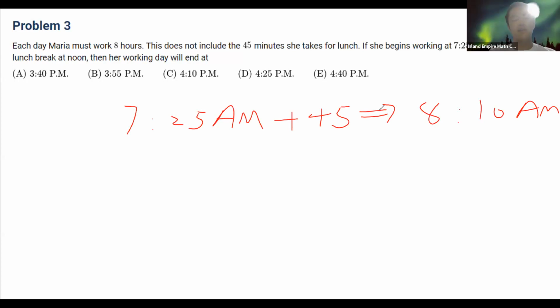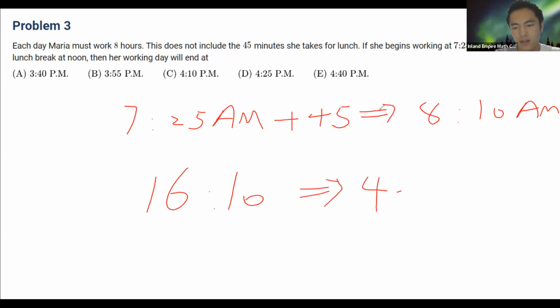And now you have 8 more hours at work, which means that you simply add 8 to the time. So that'll give you 16:10. But 16:10 is really 4:10 in the afternoon, right?